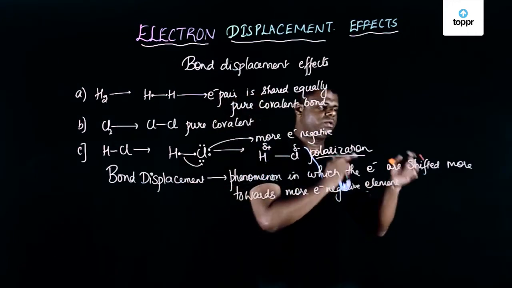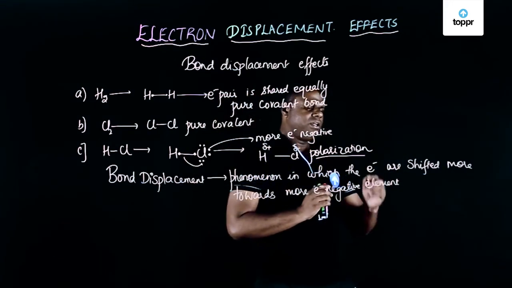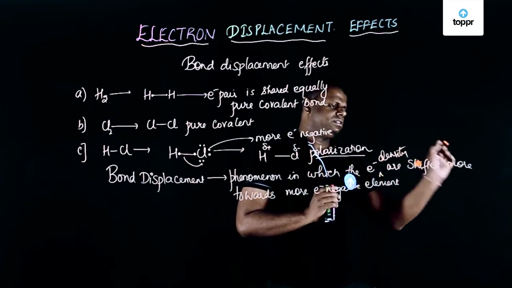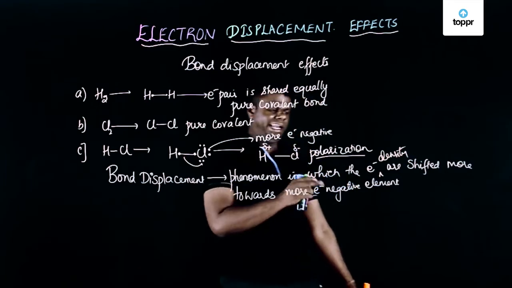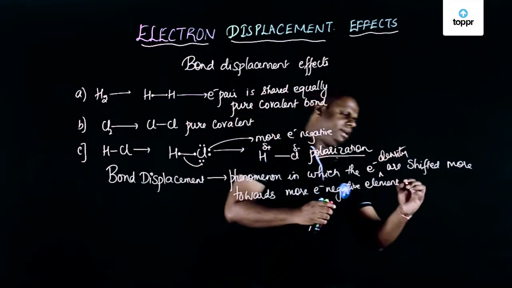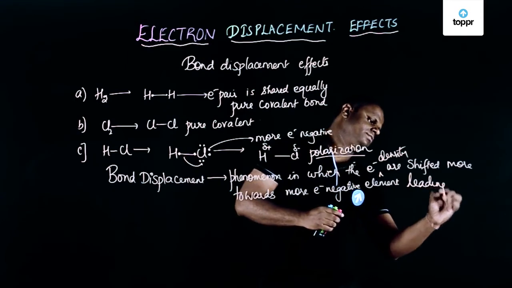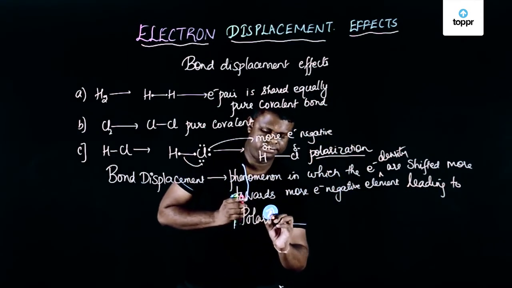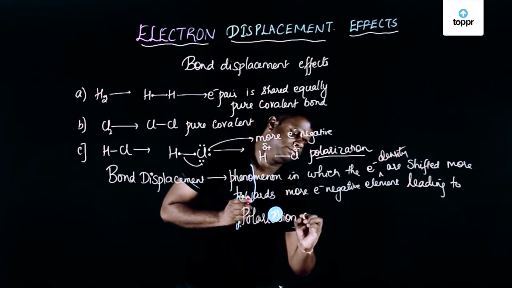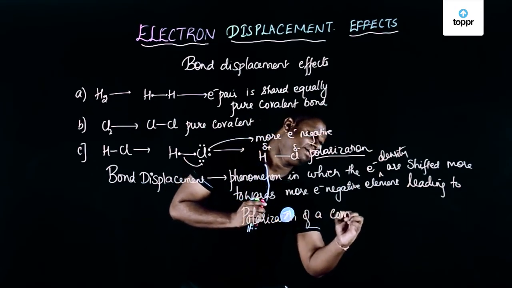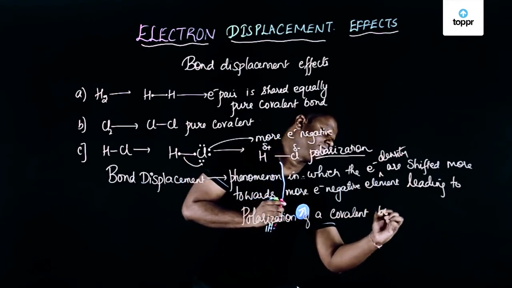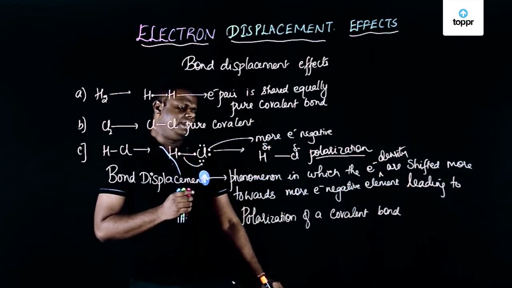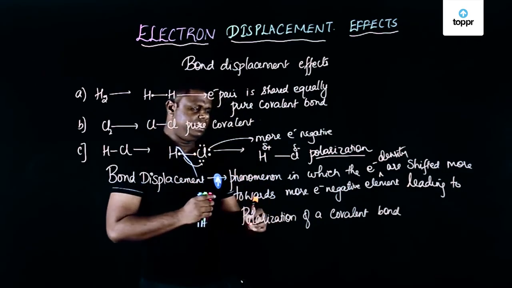Or I would better use the word electron density: it is a phenomenon in which electron density is shifted towards the more electronegative element, leading to polarization of a covalent bond. Okay, so this is basically the bond displacement effect.